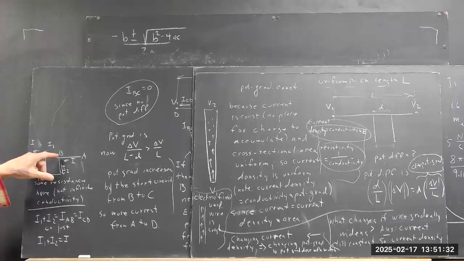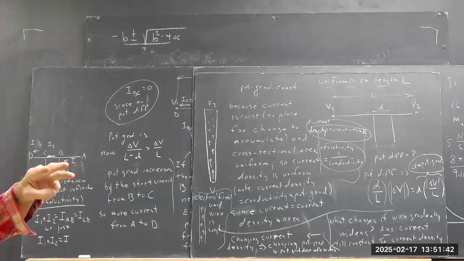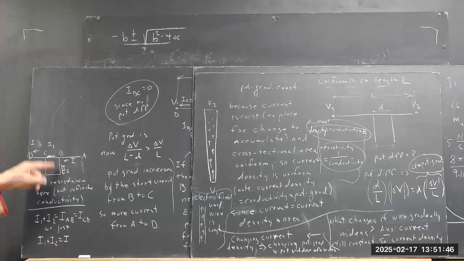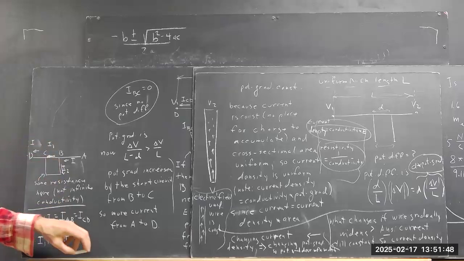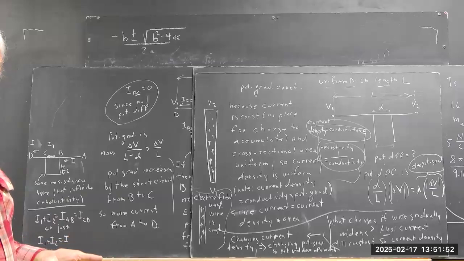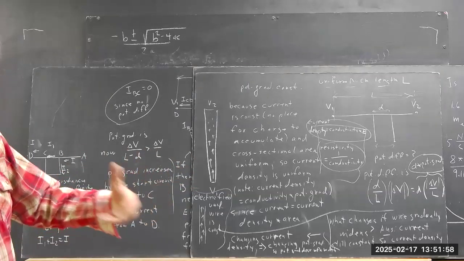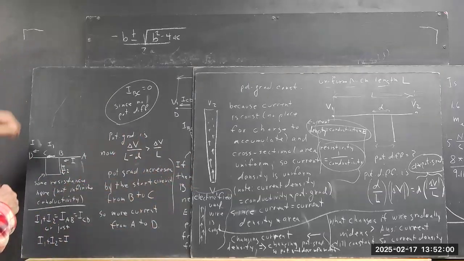And I branch the circuit to go through nichrome with 3 times the diameter. How much of the current goes through here and how much goes through here? I'm just going to pose that as a question for you to think about. I don't necessarily expect a solution instantaneously, but you might get it because we've already looked at something kind of similar. So I'm just going to state it.